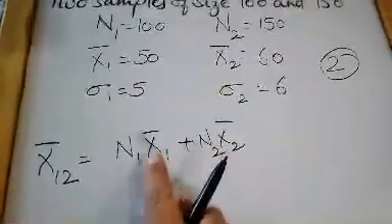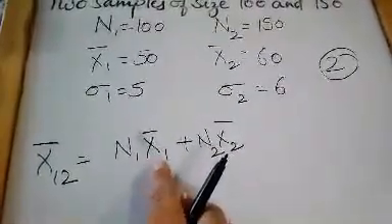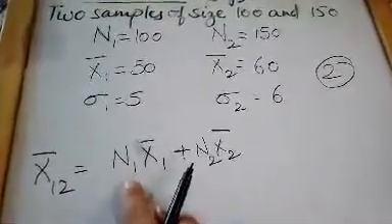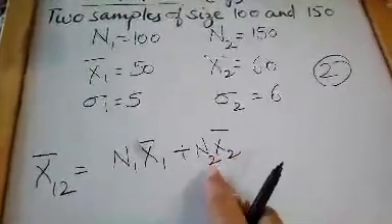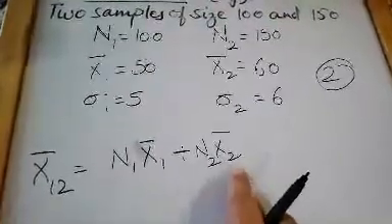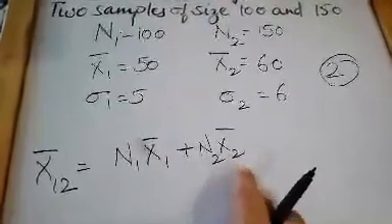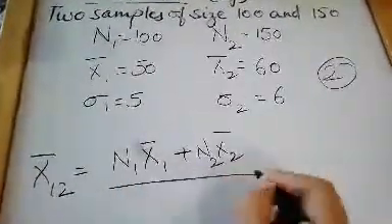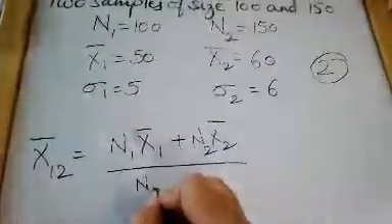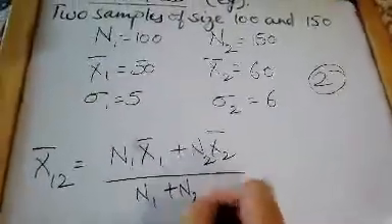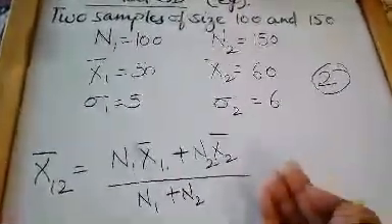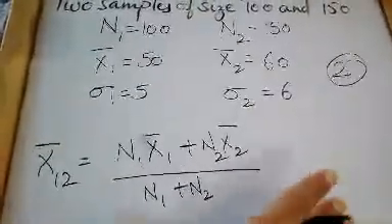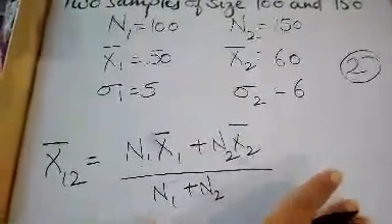Here x1 bar is the individual mean of the first group, n1 is the size of the first group, and n2 is the size of the second group multiplied by the mean of the second group, which will be given to us. And we have to divide it by n1 plus n2, the total size of the sample. By this we first find the combined mean.